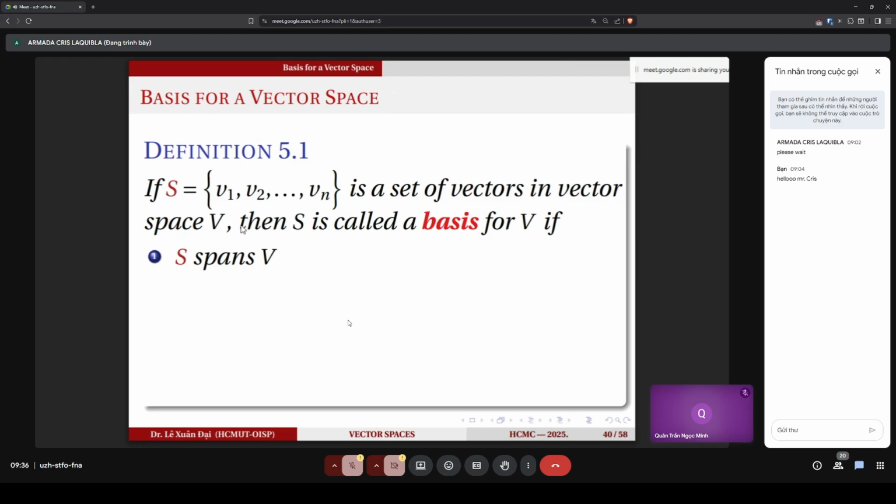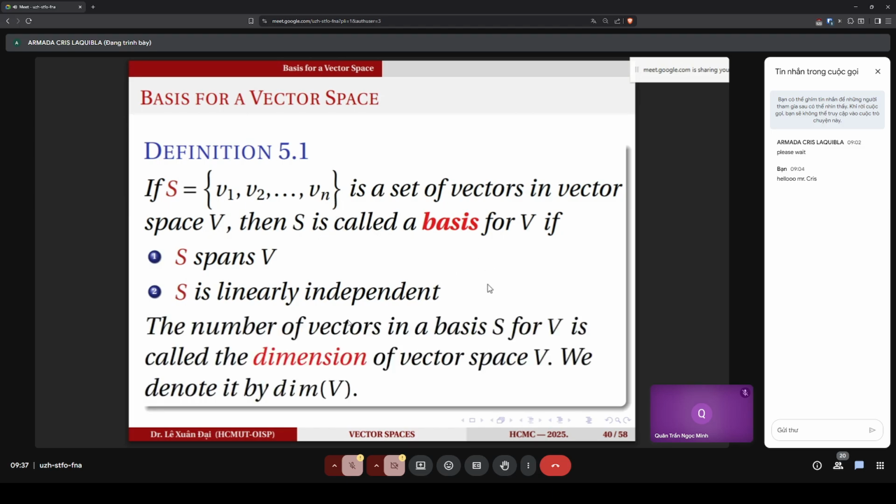We have this one: your S there is a set of vectors in a vector space V. Then S is called a basis for V if your S spans V and S is linearly independent. So we have to satisfy these two parts for S to be called a basis.